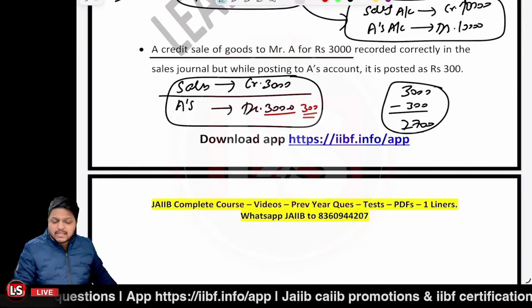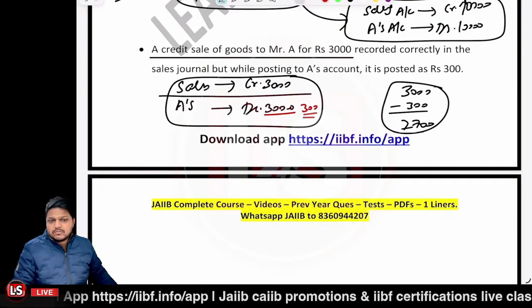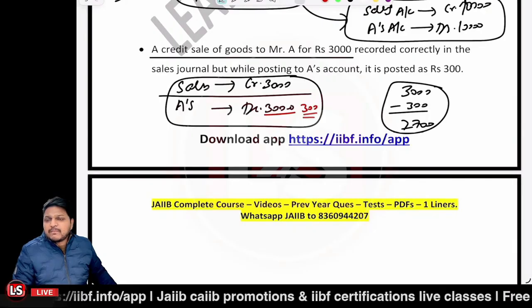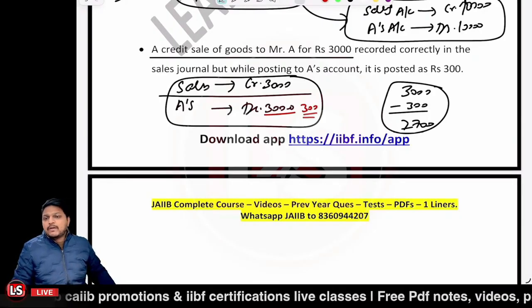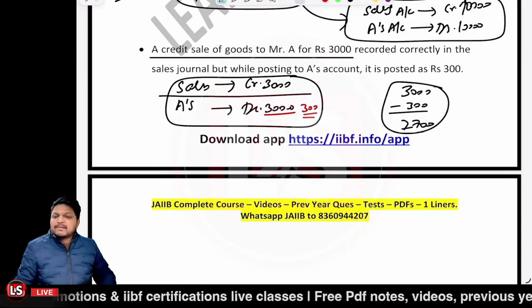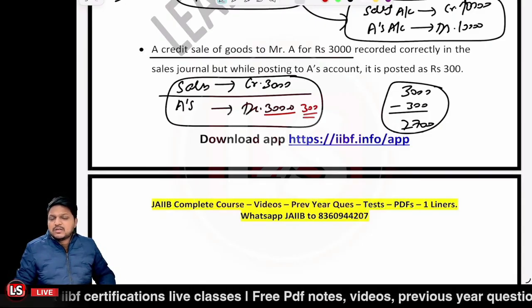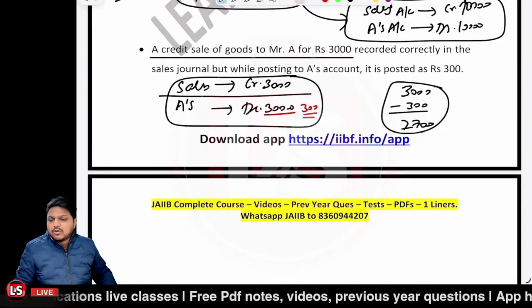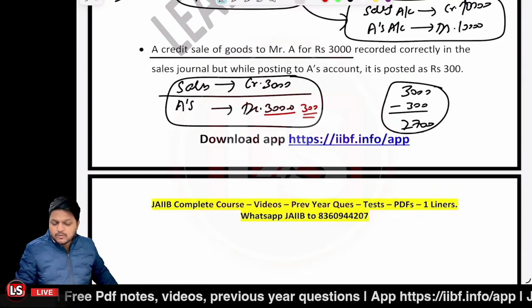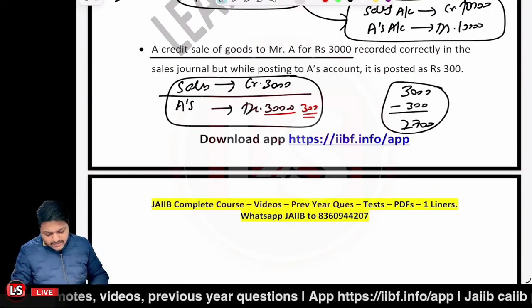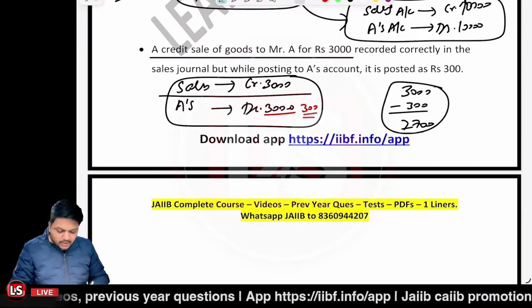Journal entry. If we have already opened the suspense account, because when we have prepared the trial balance and the trial balance is not agreeing, what we do is post a temporary entry into the suspense account, and after that we can fix the suspense account, right? So in this scenario we are to post an entry of rupees 2,700 to A's account.